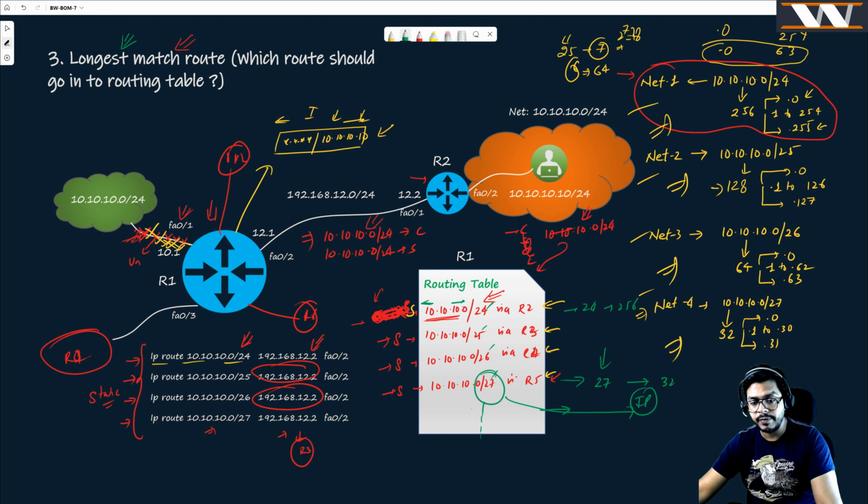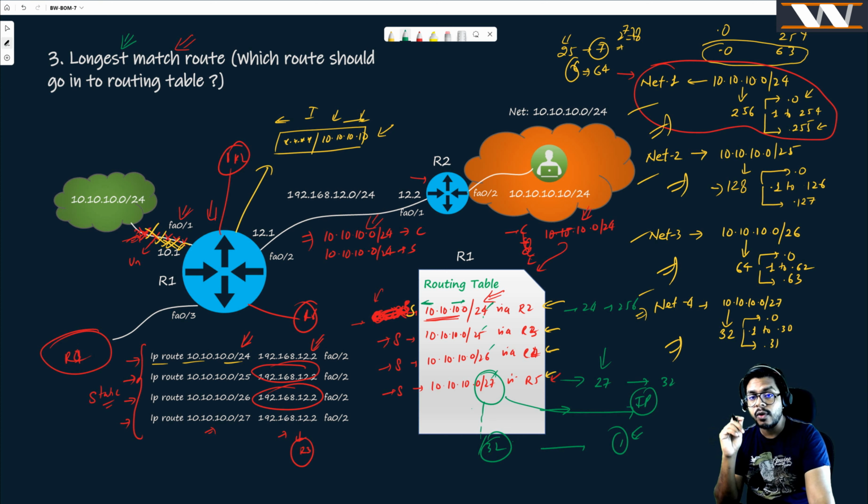If it is 32, then we are going to have only one host, which is most specific. And 32 is the largest number as compared to 24, 25, 26, and 27, which means it is the longest match, as simple as that. So when forwarding a packet, the router is going to match the longest route, or the longest prefix. Why? You know about it now.